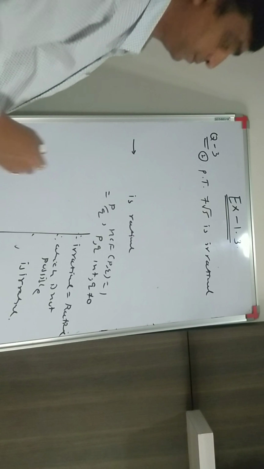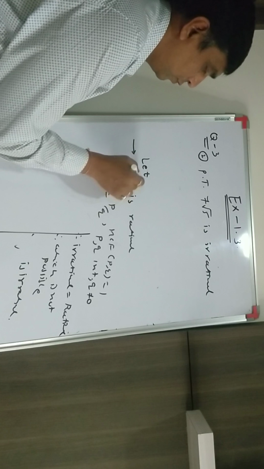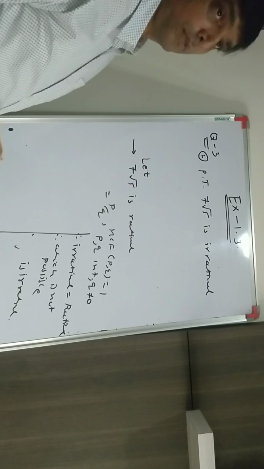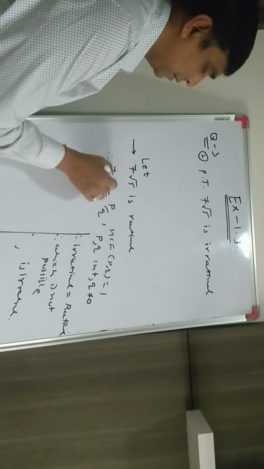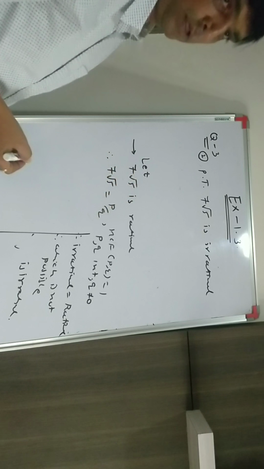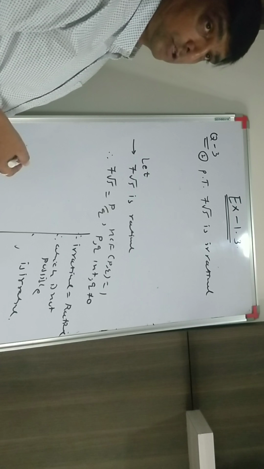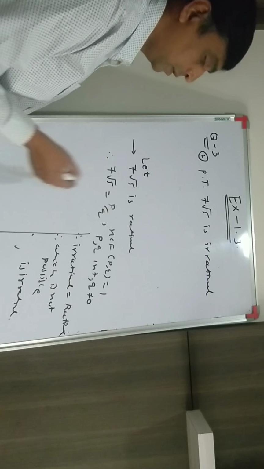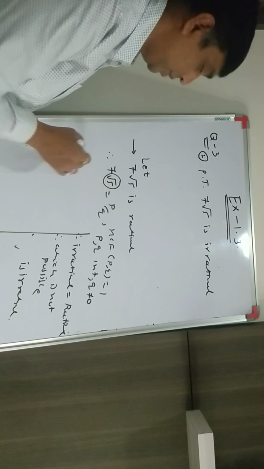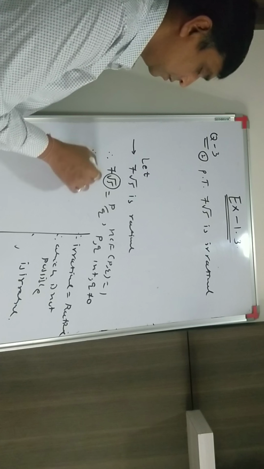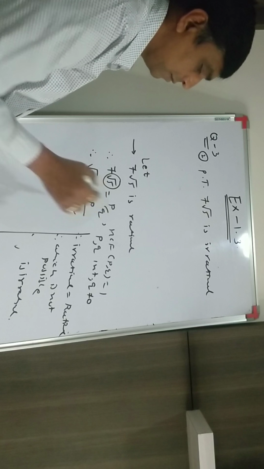So let 7 root 5 be rational. If 7 root 5 is rational, therefore it can be written as P by Q form, where GCD between P and Q is 1, P and Q are integers, Q is not equal to 0. Here root 5 is irrational, so make it subject. So root 5 equals P upon 7Q.